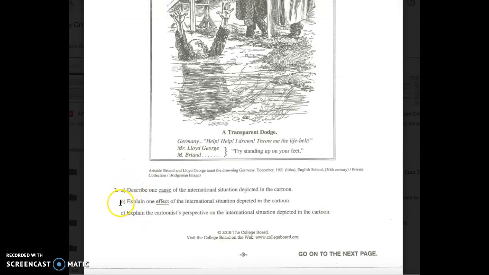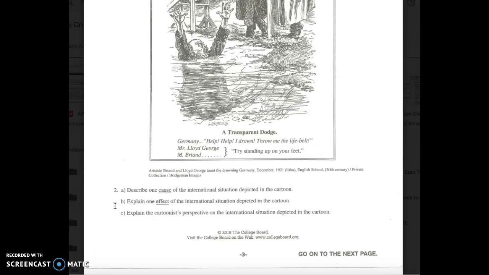You can see it's broken down into 3 parts, A, B, and a C. Part A is asking you to describe one cause of the international situation depicted in the cartoon. Part B is asking you to explain one effect of the international situation depicted in the cartoon. And then Part C is asking you to explain the cartoonist's perspective on the international situation depicted in the cartoon.